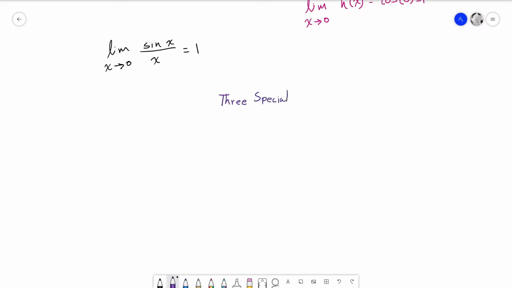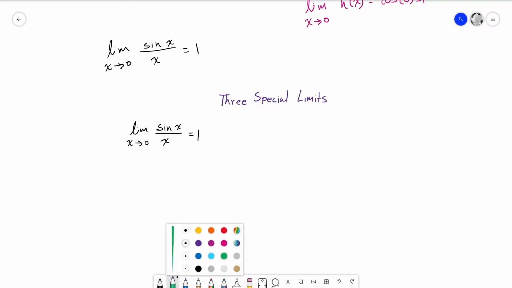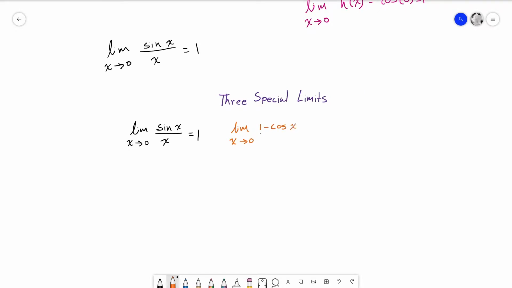And you need to memorize these limits for now. Later on in the course, we're going to find a better technique for finding these limits, but for now you need to just memorize them. So we already saw that the limit of sine of x over x as x goes to 0 is 1. You also need to know that the limit as x approaches 0 of 1 minus cosine of x divided by x, that's going to give you 0.